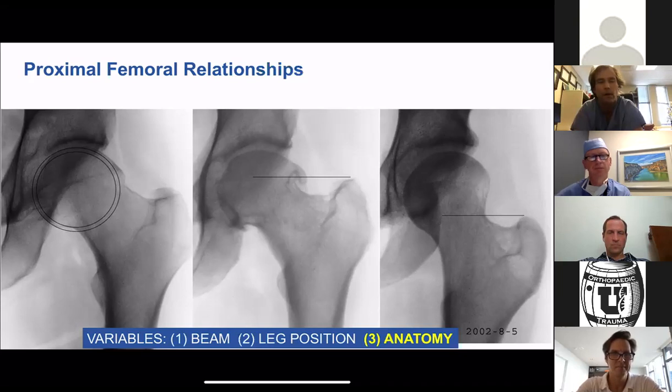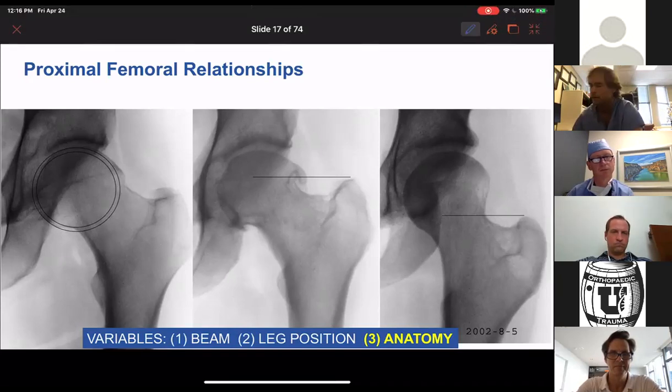So these are 3 uninjured femurs, but what you'll see starting from the far left is an extended lateral epiphysis, which is what we see with some forms of femoral acetabular impingement. So we've lost the round shape of the femoral head, which changes the shadow of the superior aspect of the neck.